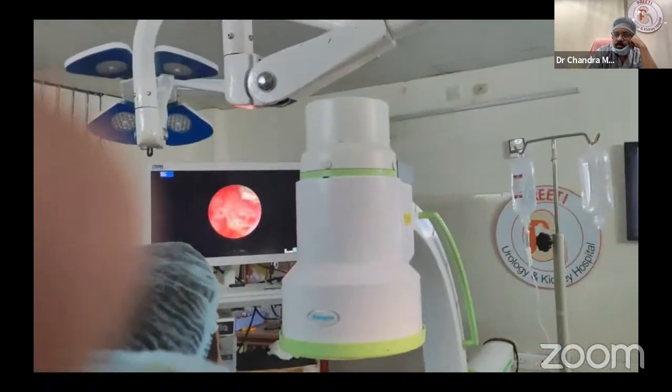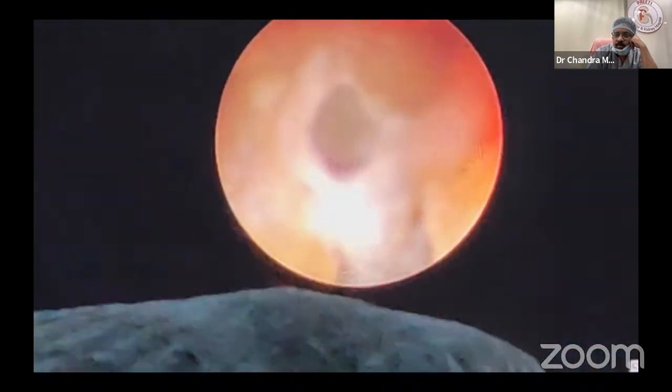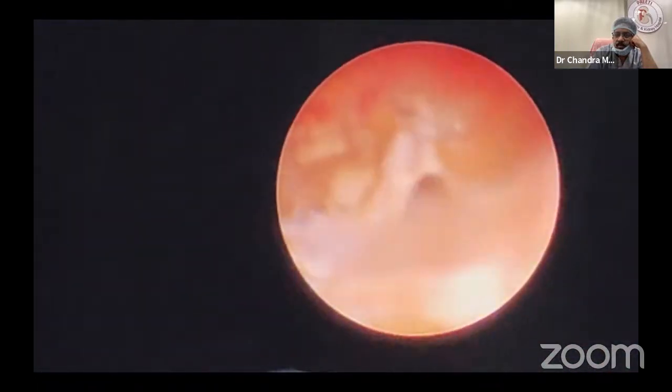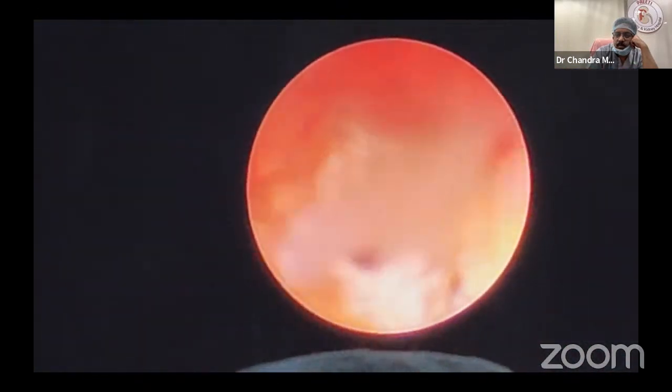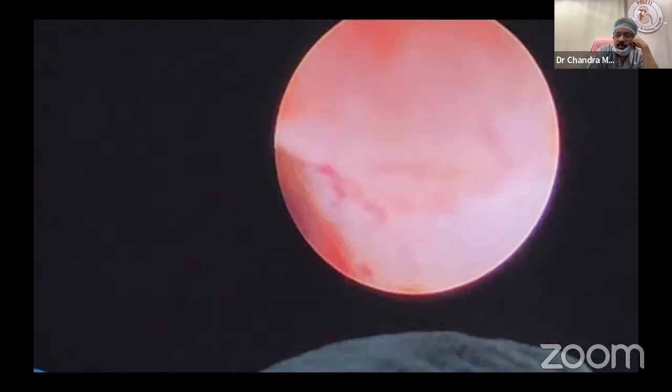There is one small technique you can use in children. What is the advantage? You drill it, take the pneumatic lithotripter, and it will break. This is a very safe way of doing it in critical areas, because the stone is weakened.